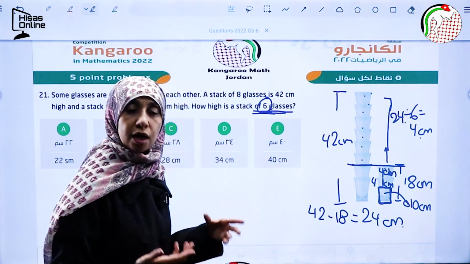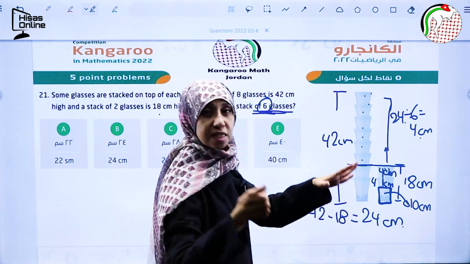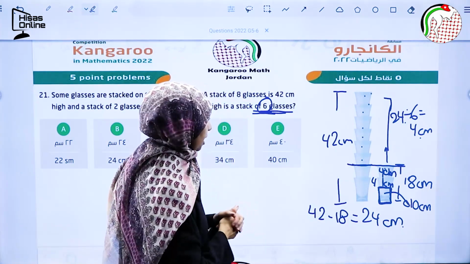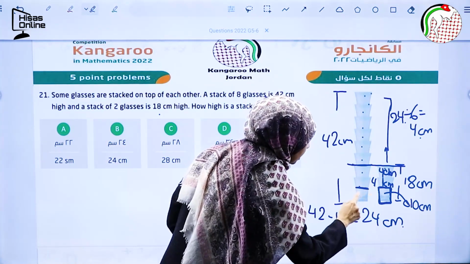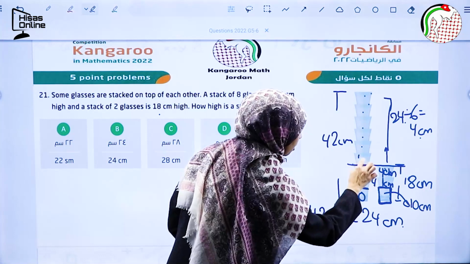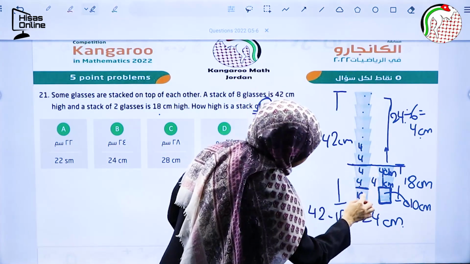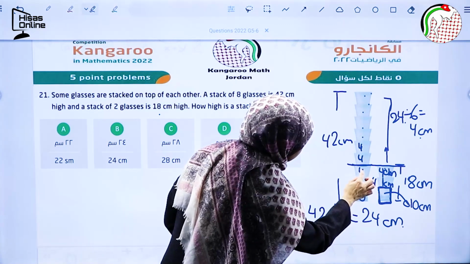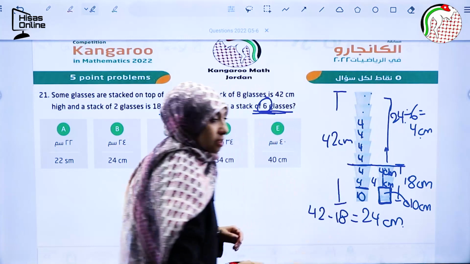So let's see how high the stack of 6 glasses would be. This is the first glass, 2, 3, 4, 5, and 6.